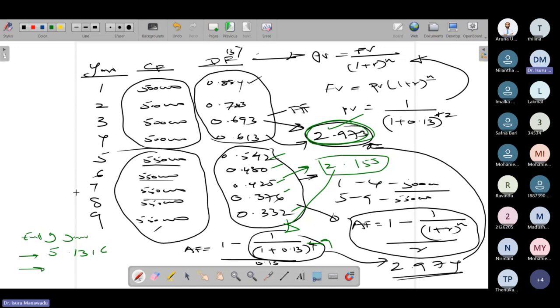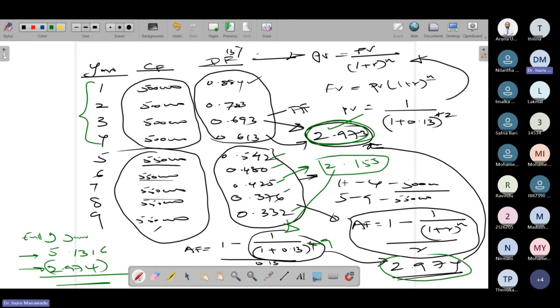Yes. Then already you have calculated up to the first 4 years. This is the answer, no? 2.974. You can deduct it. Then you will be getting the annuity factor for the balance years, 5 to 9 year. So let me deduct 2.974.